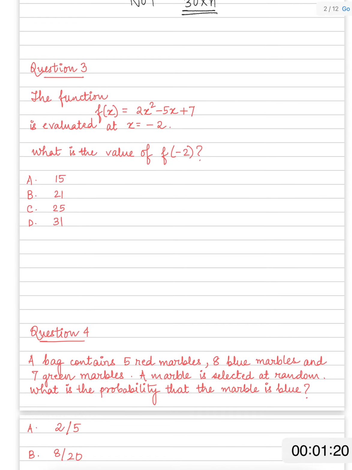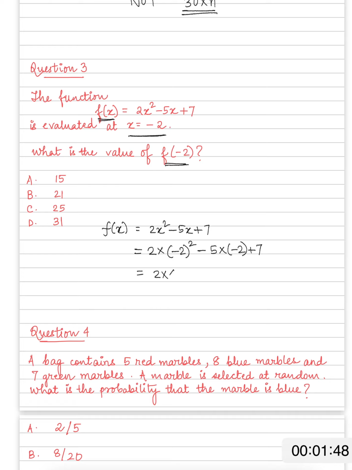Now, question 3. The function f(x) is evaluated at x equal to minus 2. We need to find the value of the function at minus 2. Let's do that. f(x) is 2x square minus 5x plus 7. Now put the value of minus 2 for each x. So 2 into minus 2 whole square minus 5 into minus 2 plus 7.